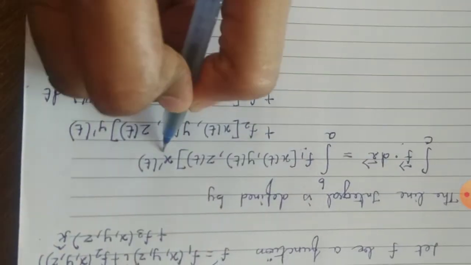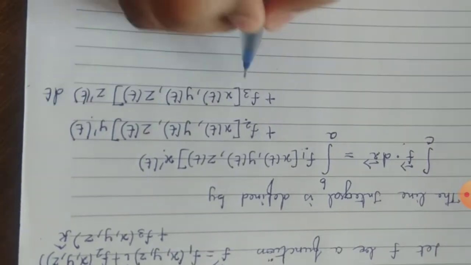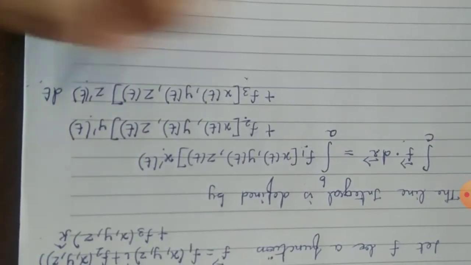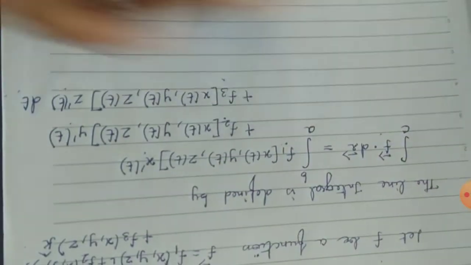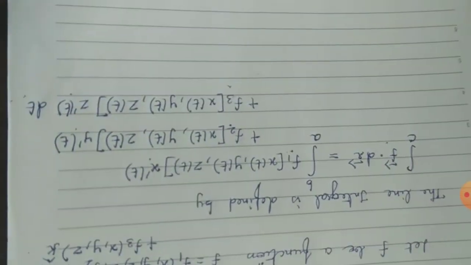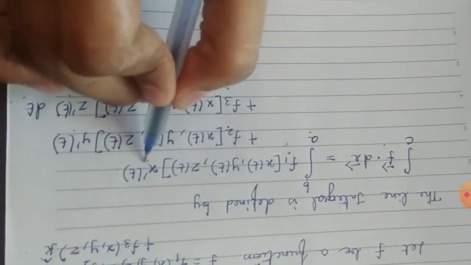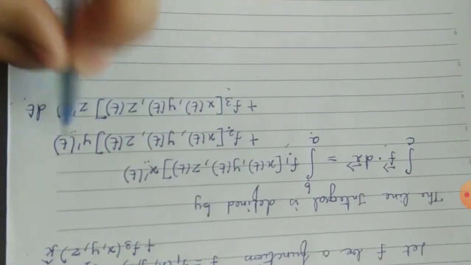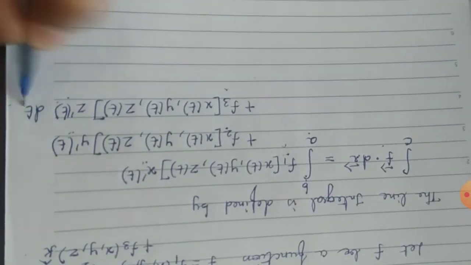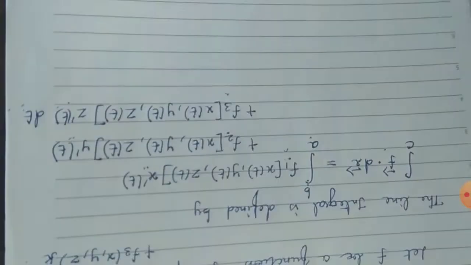So the integral over C of f vector dot dr vector is equal to the integral from a to b of f1 x dash of t plus f2 y dash of t plus f3 z dash of t, times dt. This is the definition of the line integral.